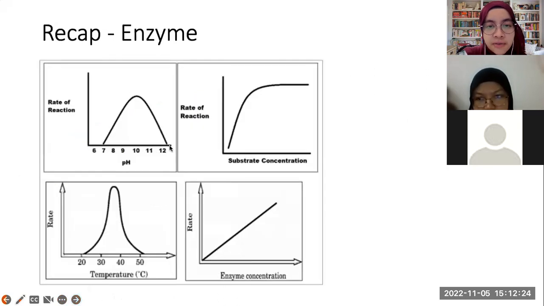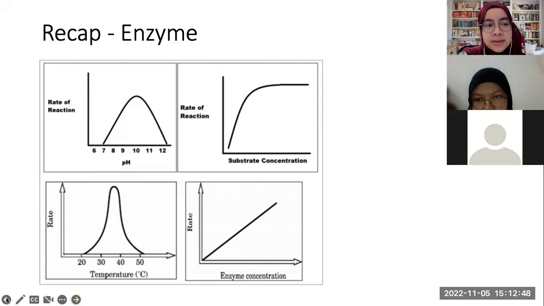These 4 different factors, pH, substrate concentration, temperature, and enzyme concentration, each has a specific graph. So this is the expected graph. You cannot draw a pH graph but label your line as enzyme concentration. Even though your axis is correct, the graph drawing is wrong.